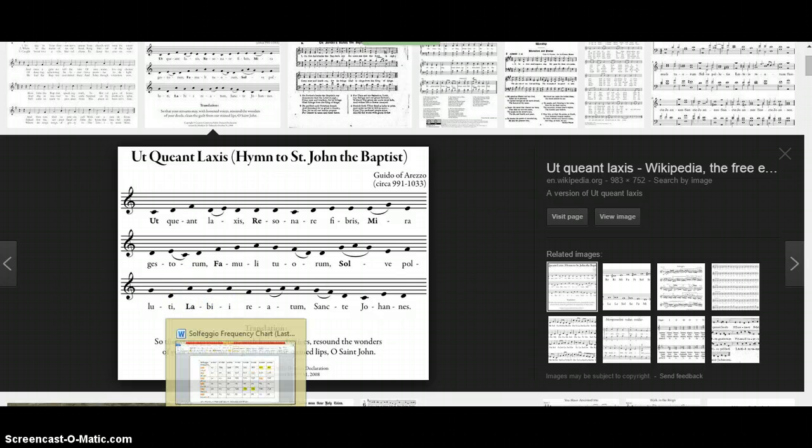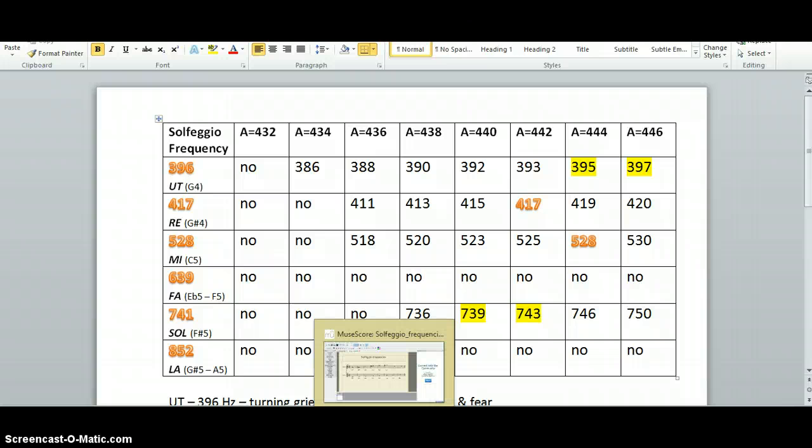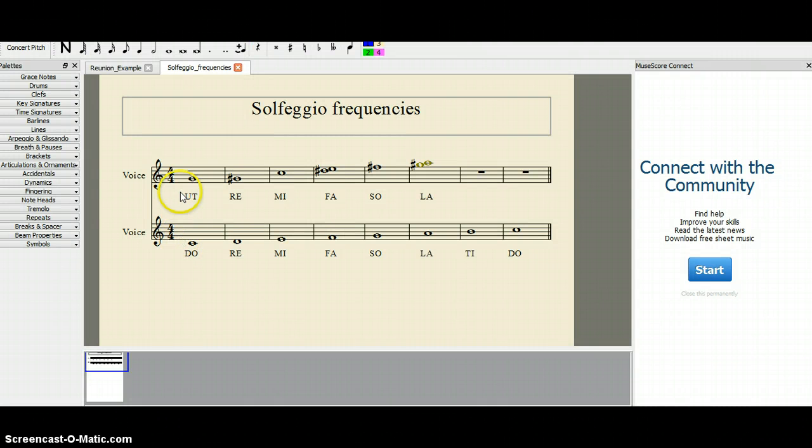Okay, now let's go back and take a look at, oops, wrong one. I need my music score. Okay, here you've got a half step. That doesn't work. Here you've got a diminished fourth. Because remember, we need a whole step, half step, whole step, and a whole step. That's what you need for that hymn.